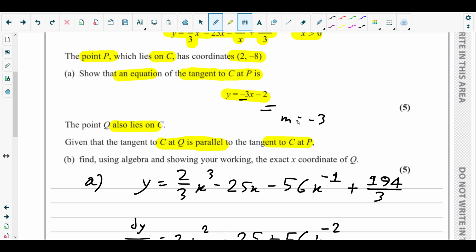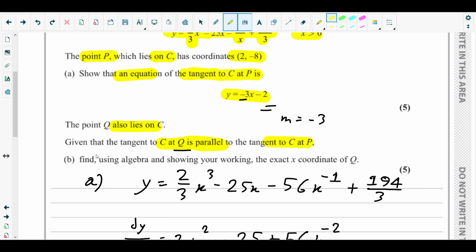Now we know a concept from chapter number 5, straight line graphs: the gradients of parallel lines are equal. So that means the gradient of the tangent to curve C at Q is also negative 3, since it is parallel to that tangent. So we got that concept.